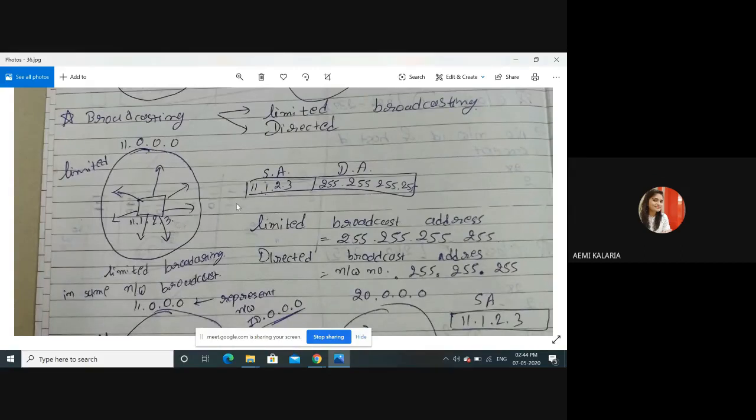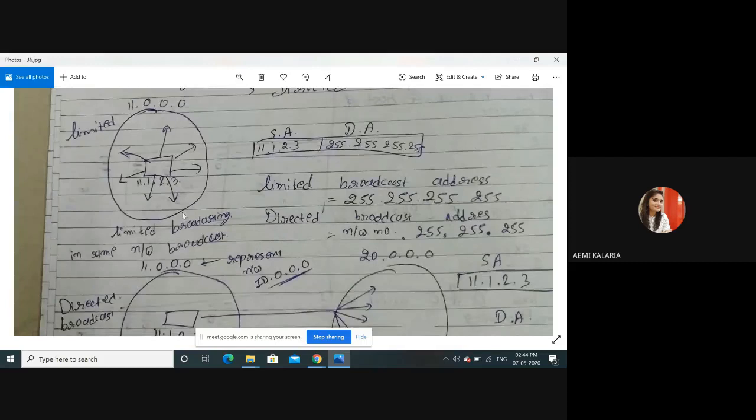This is the source address, and the destination address. If I keep 255.255.255.255, then it is a limited broadcast address. Means it will broadcast in the whole network directly, right? It will broadcast.